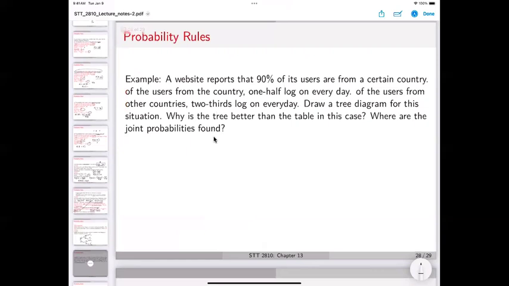Okay. So based on that, I want you to read this problem and then try to draw the tree diagram for this situation.